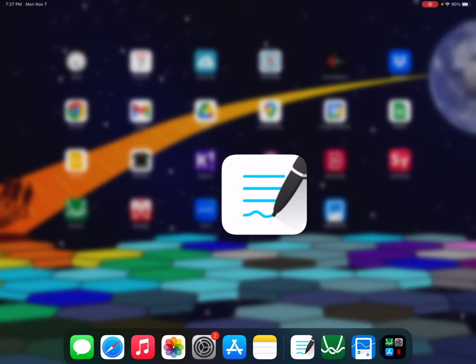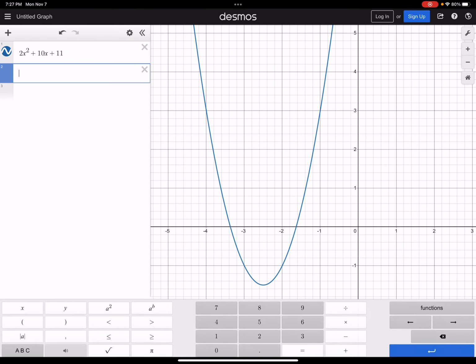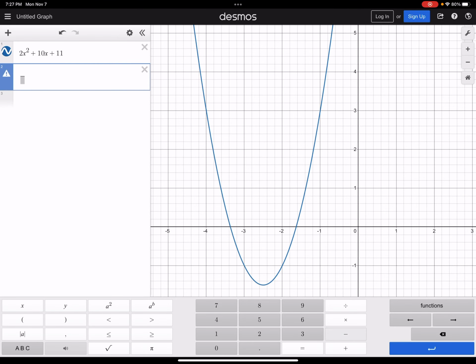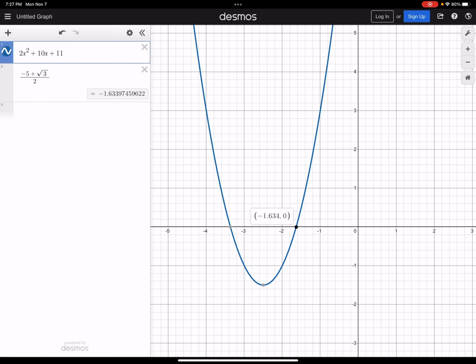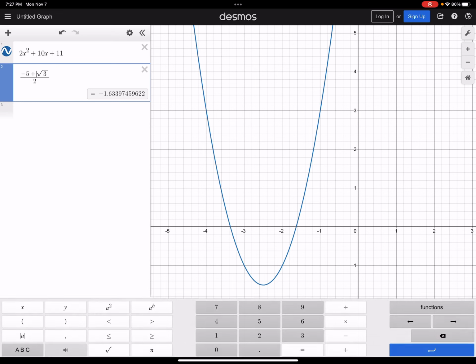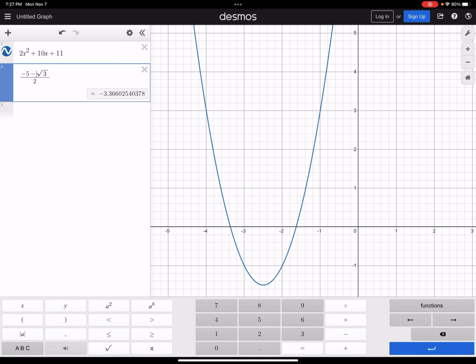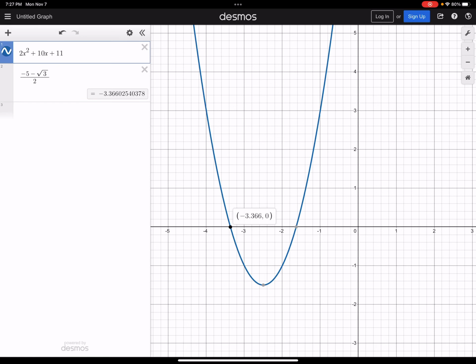Negative 5 plus root 3 over 2. So if I say negative 5 plus square root 3 over 2, those values match, right? Those are the same values. And the other answer is changing that plus to a minus, which incidentally is that point 2. Okay? And there you go.